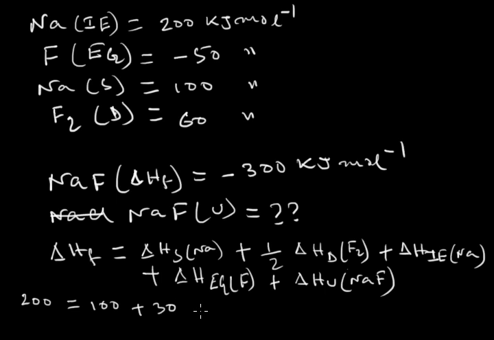Delta H ionization energy for sodium is 200, and delta H electron gain enthalpy for fluorine is minus 50, and we don't know the lattice energy of sodium fluoride, delta HU. The delta HF value was written wrongly, it is not 200. The delta H formation of sodium fluoride is minus 300.